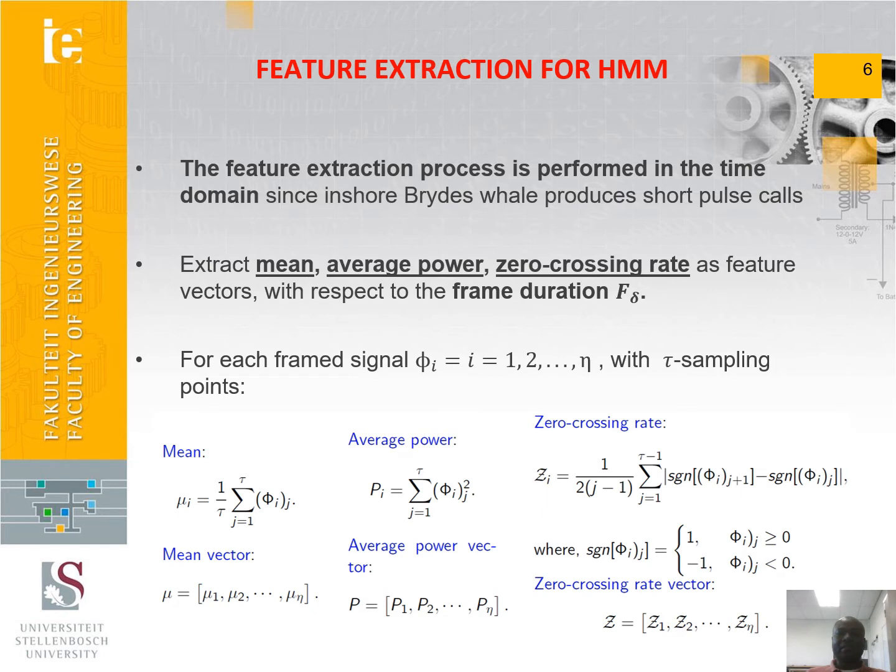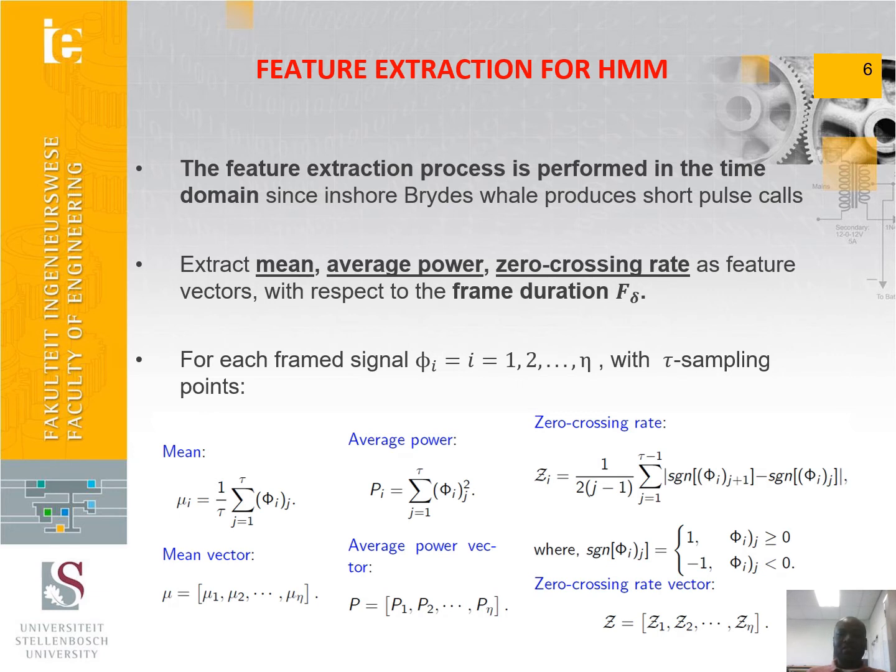These calls have unique signal characteristics such as observable and limited call duration, mean, average power, and amplitude. Therefore, for each frame signal, we extracted three important time domain features, which are mean, average power, and zero crossing rate vectors. This is shown in the equation.